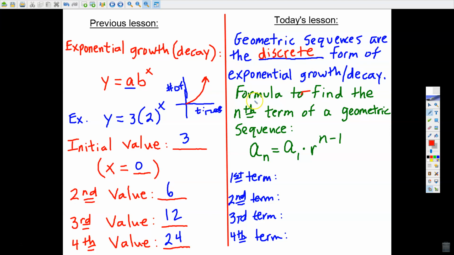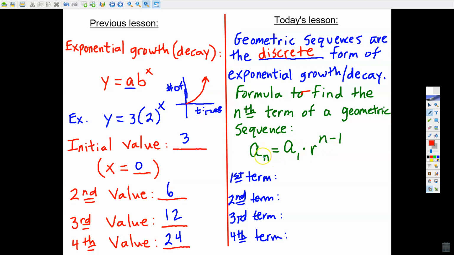So that leads us to a formula to help us find any term in a sequence. This is a new formula, and I want you to see how it compares. The whole reason for this slide is to see the connection between exponential growth and decay, which we've already talked about, and this new formula that we're going to use a lot in today's lesson. It helps us to find any particular term in the list, whether that's the first term or the 21st term.